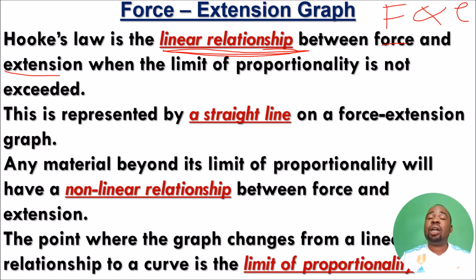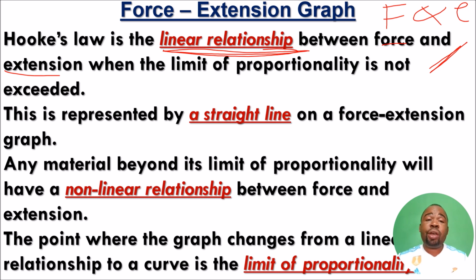So we expect a graph to be a straight line as long as they are directly proportional. And we moved on to talk about proportionality. And we said since it's linear proportional, it must be starting from the origin of the graph.